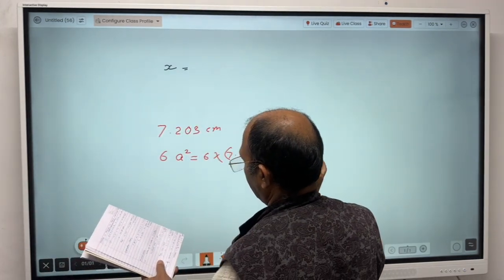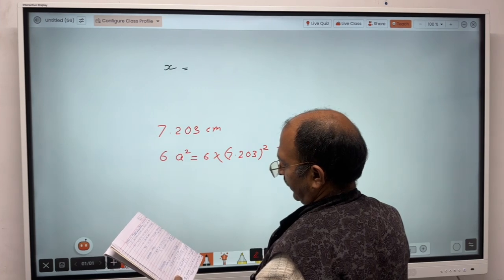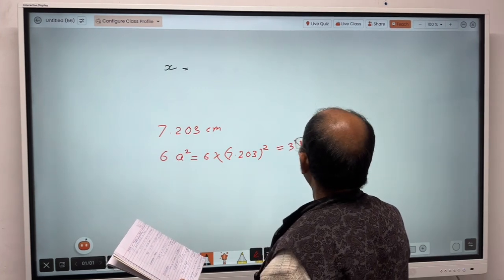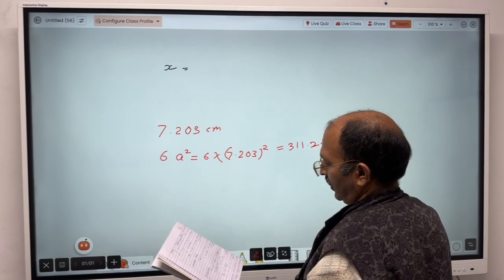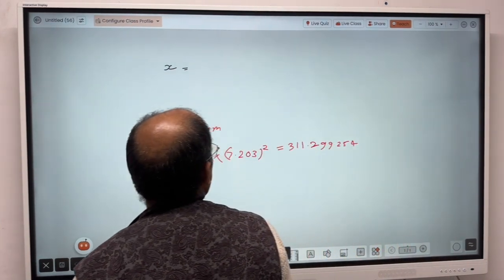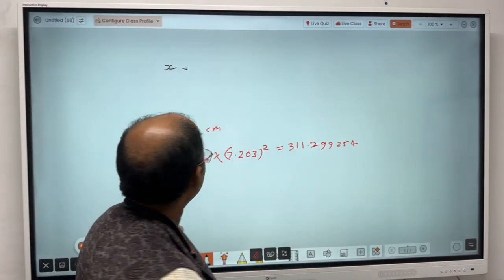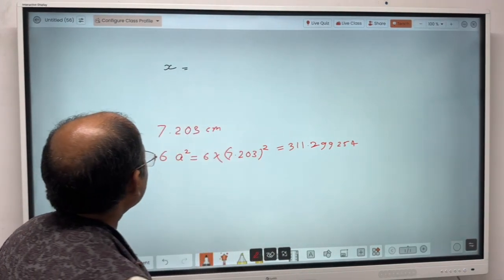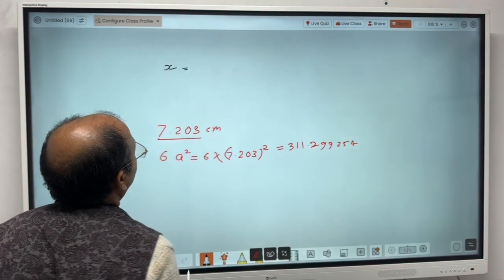So after calculating, we will get 311.299254. So here after the decimal there are 6 digits. But our answer should be restricted up to the least number of significant digits.